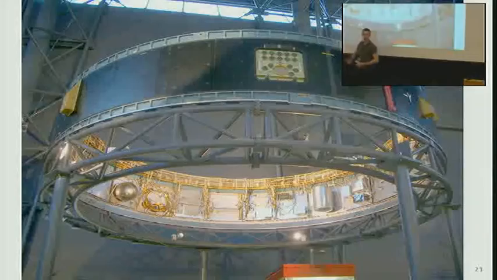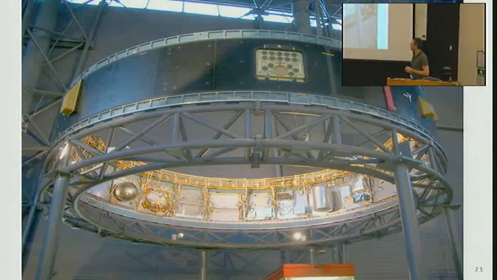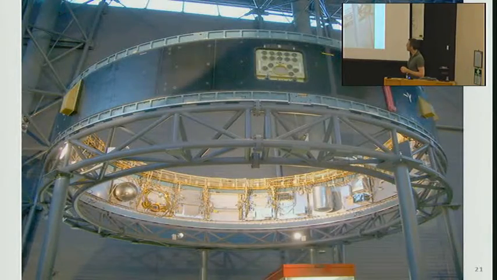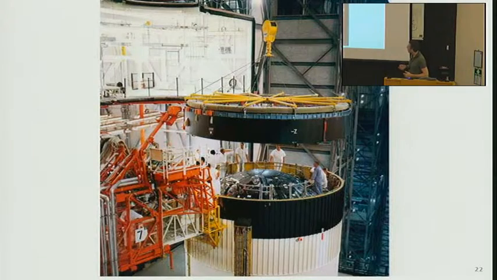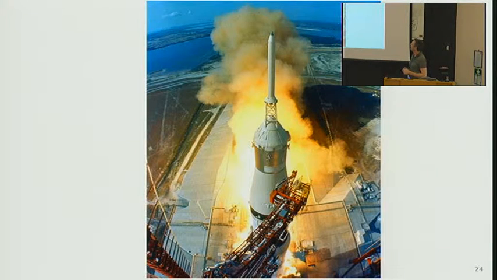And this here is the nitrogen that kept it at a pressure of 13 psi inside. So you then took this big section of your Saturn V rocket, popped it on top of the main section of the rocket, put it on a launch pad, and you can fire it off. So that was what playing with sensors was like in 1965.